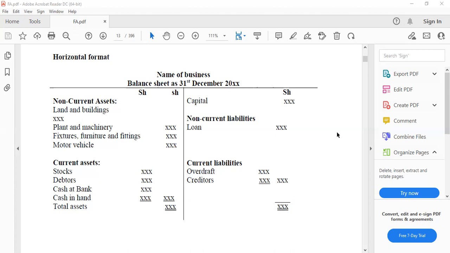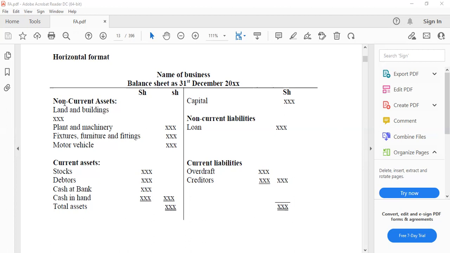On the other side, we shall have capital, non-current liabilities and current liabilities, and the total will be written down here. Remember, according to the accounting equation, the amount of capital and liabilities will finance the purchase of assets. Therefore, the total assets here should balance with the capital plus liabilities.